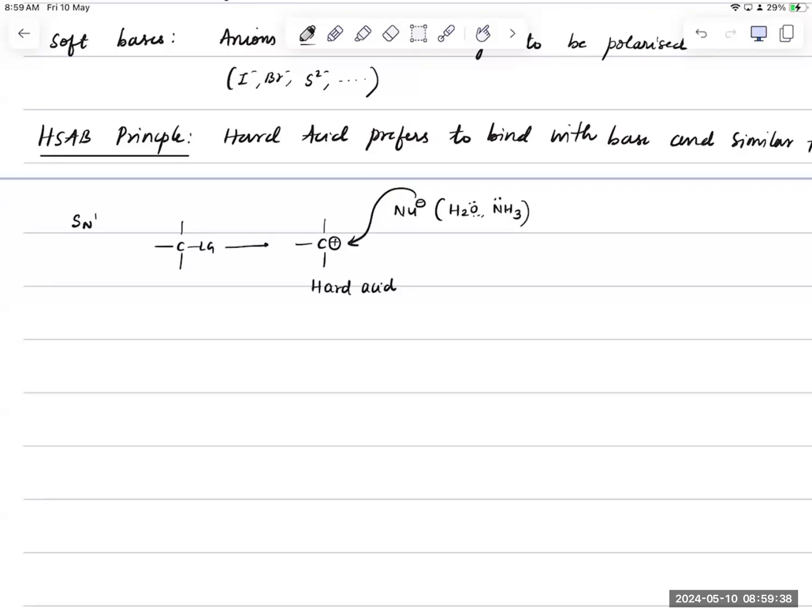So that's why you will notice that SN1 is happening with water, alcohol, all of them. From the oxygen end, you'll always see oxygen getting attached.